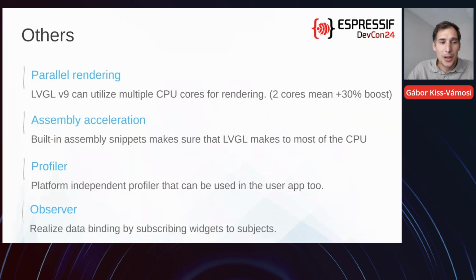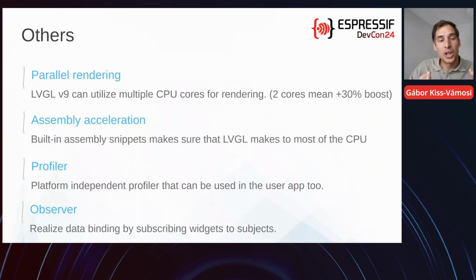In practice, it really helps a lot with dynamic UIs and to keep things simple, because these subjects can be considered as a single source of truth. You can just set the values there, and everything can read the current value from there. They can also be considered as the API of your UI.